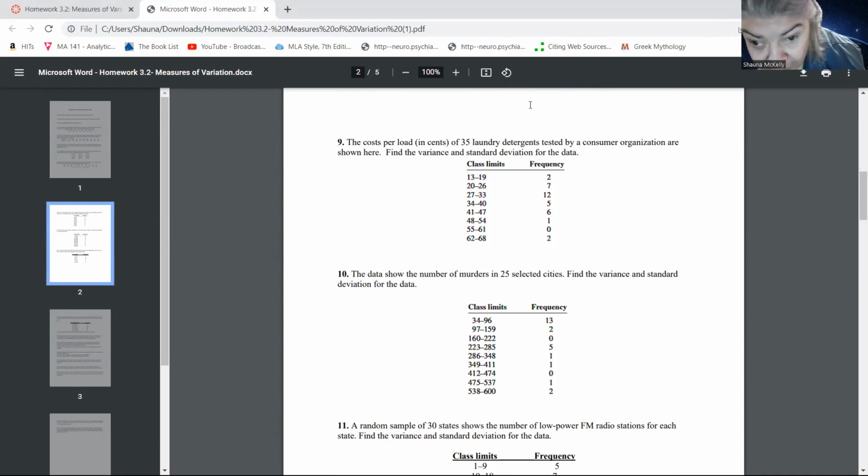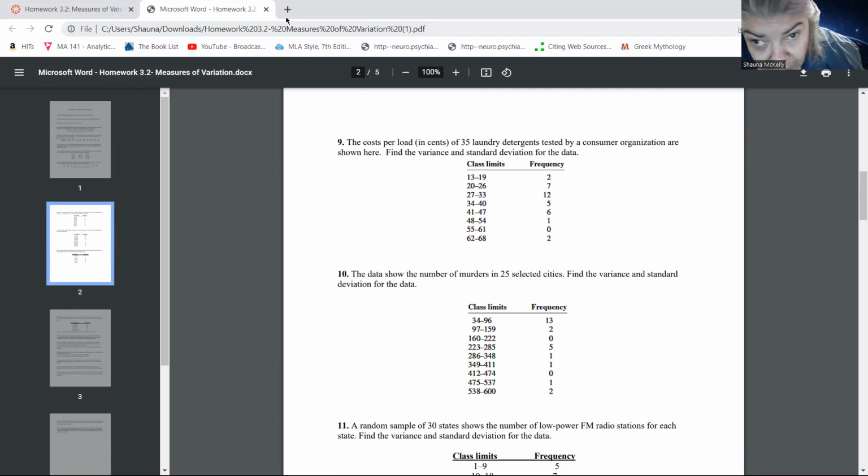I will do number 9 for you right here. Now, if it's a grouped distribution like this, she wants you to do this slightly differently and with the calculator rather than by hand with the formula. So let me show you that first.